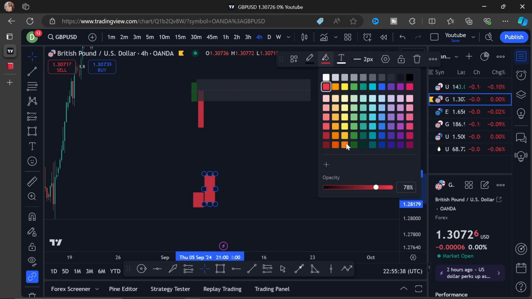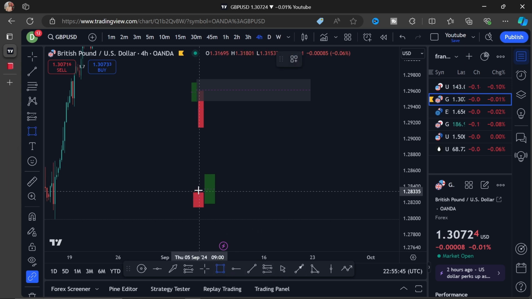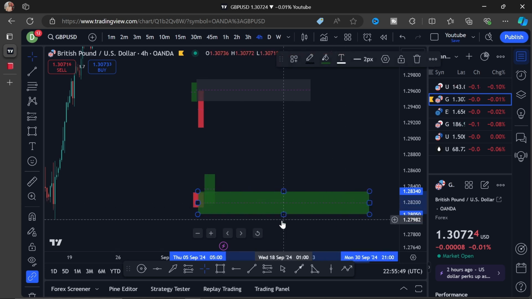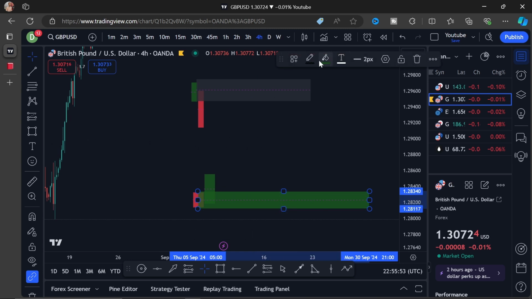Now this bearish candle before the bull becomes your demand candle. As simple as this.